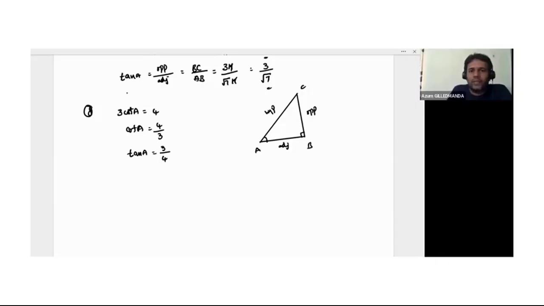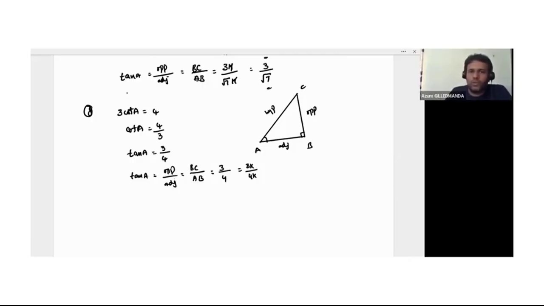Okay, now I know tan A, so I will just use this. So what is the tan A formula? Tan A is opposite by adjacent. So what is the opposite side here? BC by AB. So what is the value of that? 3 by 4. I just introduced K as a common factor for both so that I can assume the lengths, right?